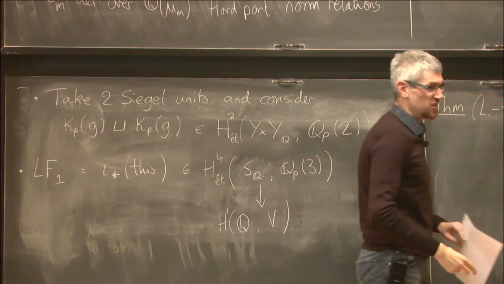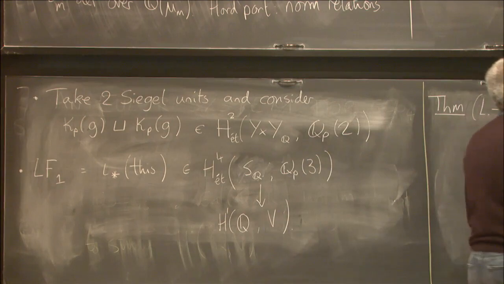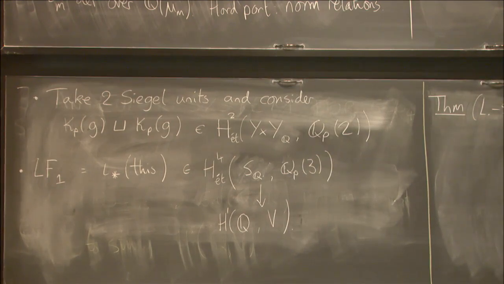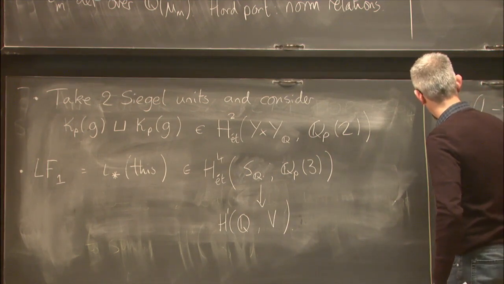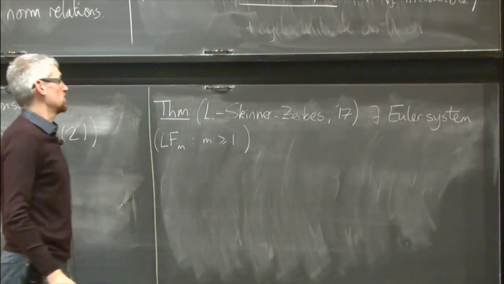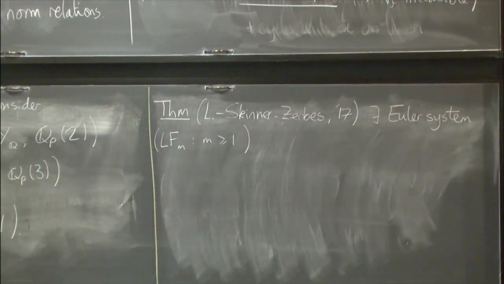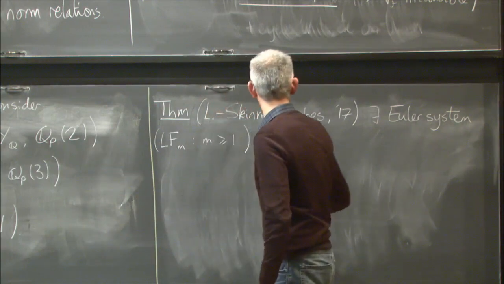And this is the main result of a recent preprint of myself with Chris Skinner and with Sarah. It was put on the archive earlier this year. There's an Euler system of elements LF_m defined over the mth cyclotomic field, extending this LF_1 that I've just sketched the definition of.